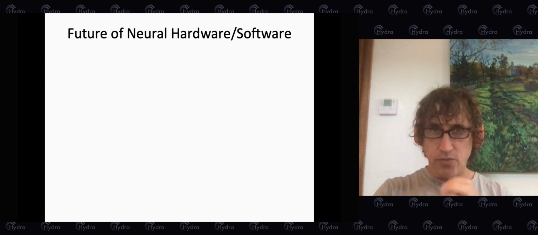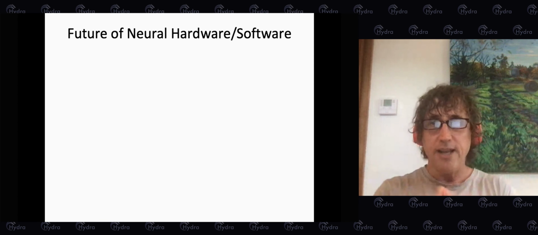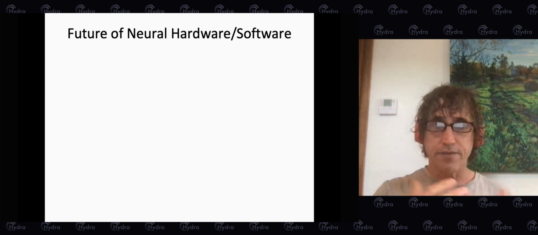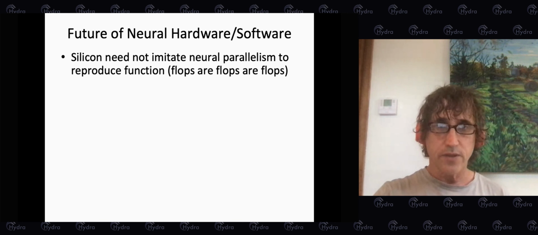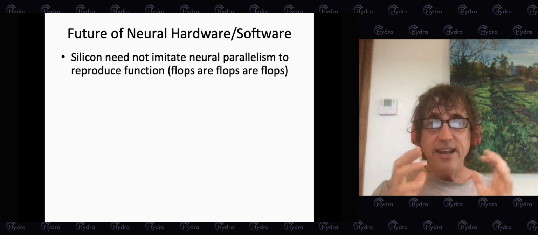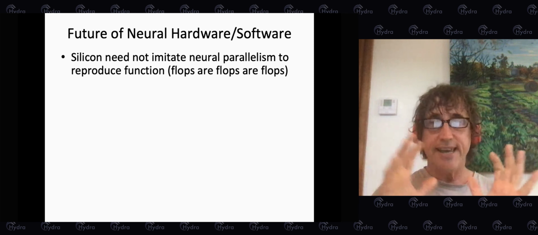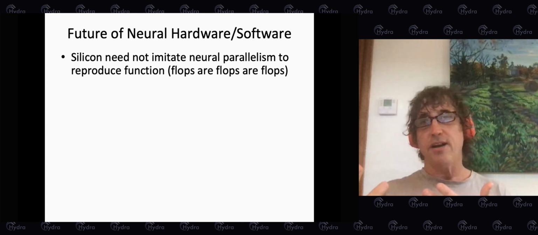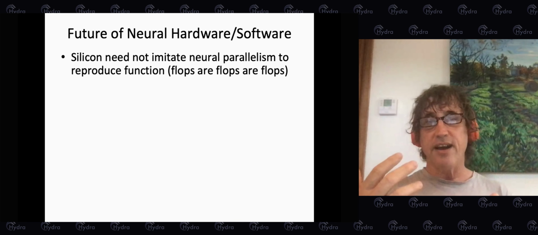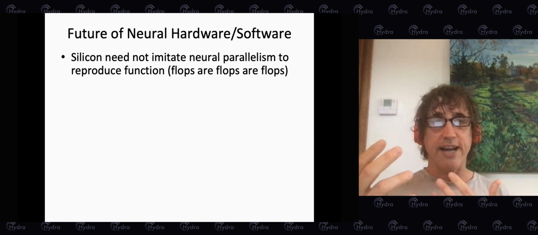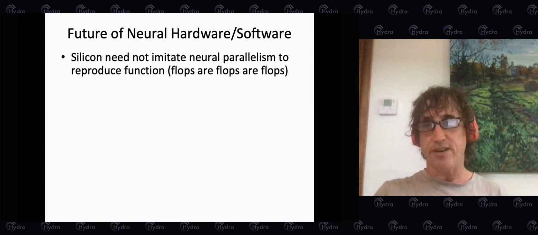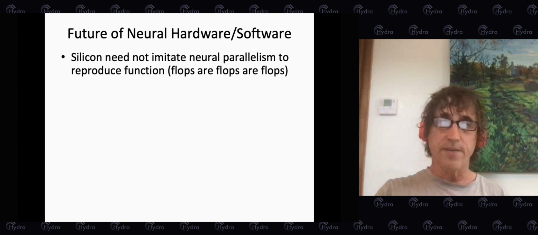what's going on here? What does this tell us about the bigger picture of the future of hardware and software? Well, here's my take on it, and this is why I think down the road we need to change the way we are approaching the design of these hardware accelerators and the software that runs on them.